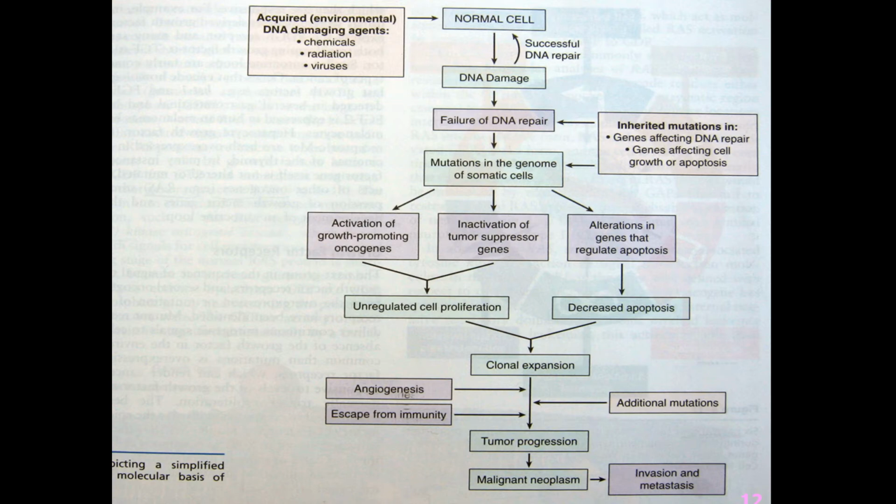In the first stages, in the previous stages, the immune system acted against the tumor cells because they all have the tumor neoplastic antigens. But because of additional mutations, they possess the ability to escape from the immunity, and severe angiogenesis occurs here. In this stage, all these changes, additional mutations lead to tumor progression.